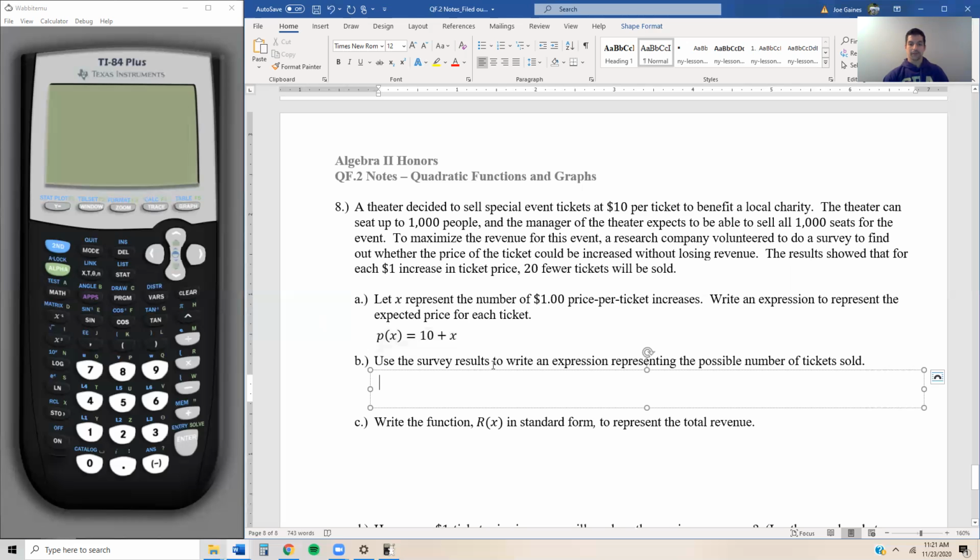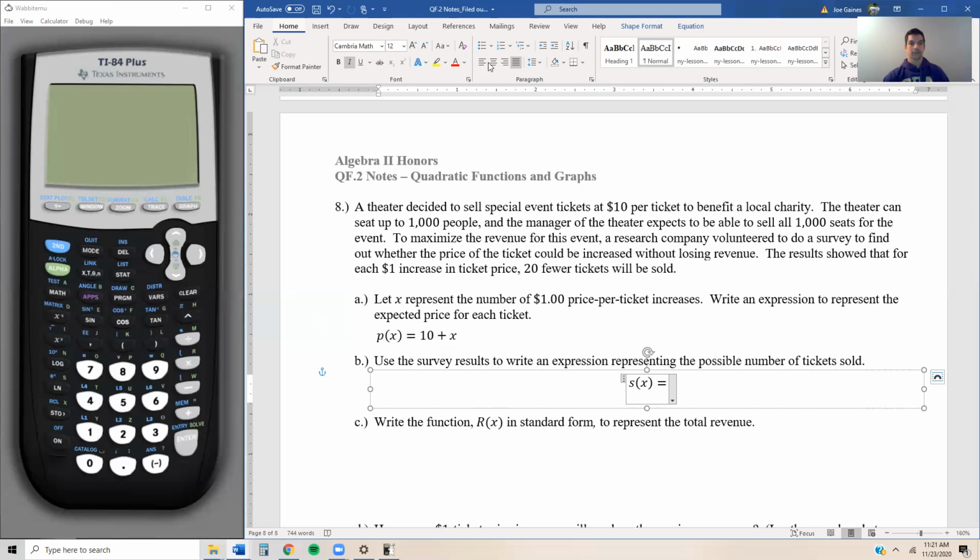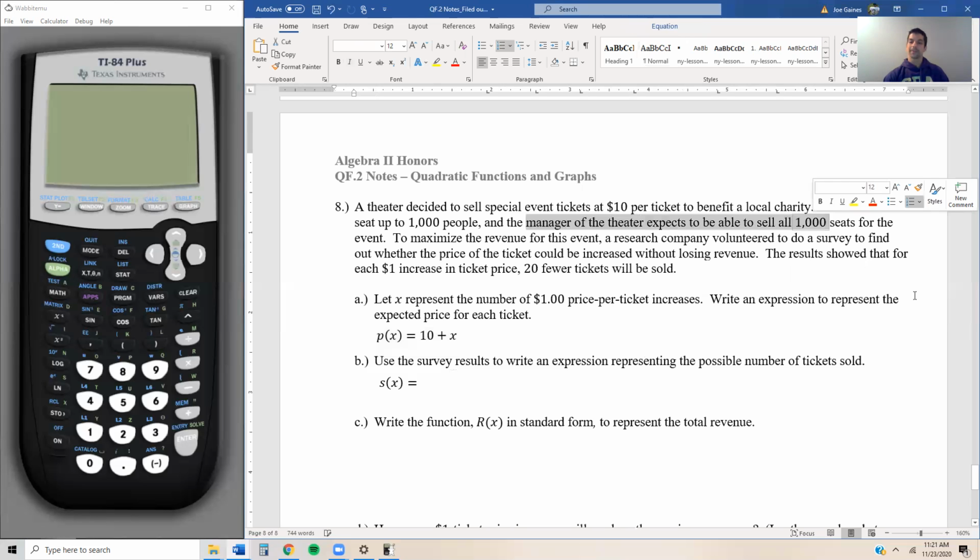It says use the survey results to write an expression to represent the possible number of tickets sold. Well, let's let another equation, let's let S of X equal sold. S for sold with respect to X number of price increases. So initially, what does it tell us about selling? The manager expects to be able to sell all 1,000 seats.